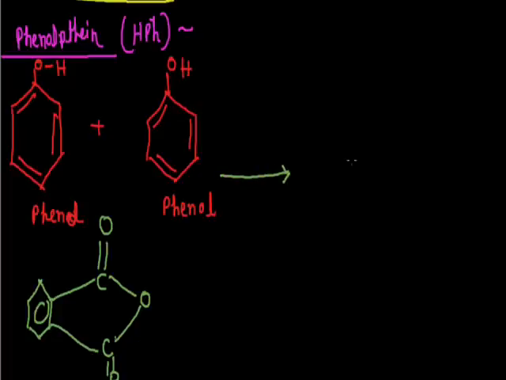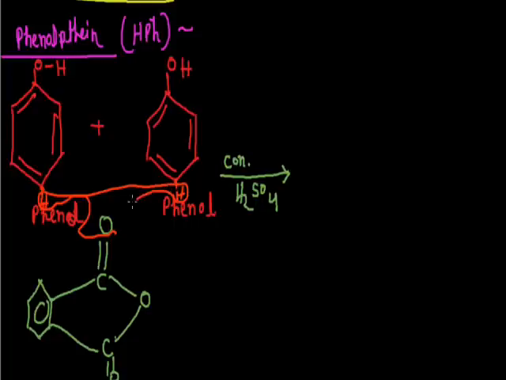After the reaction, in the presence of concentrated H2SO4, we will obtain phenolphthalein. The oxygen from phthalic anhydride and a hydrogen from each phenol form H2O.